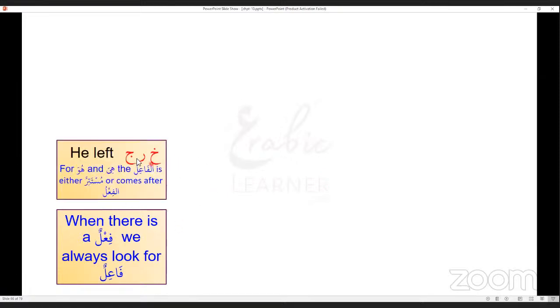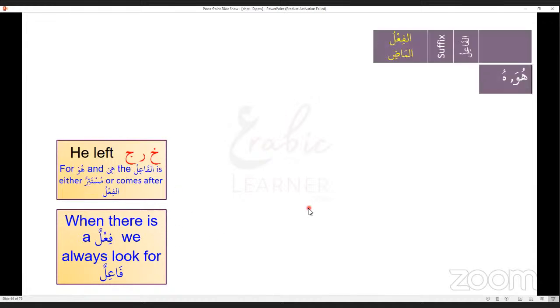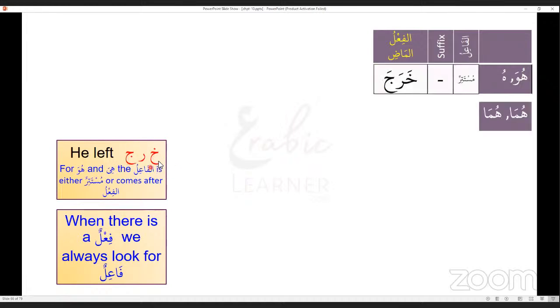So let's say kharaja. The fi'l equivalent to huwa of kharaja, of these three letters, kha, ra, and jim, will be kharaja. And in this case, fa'il is mustatir.